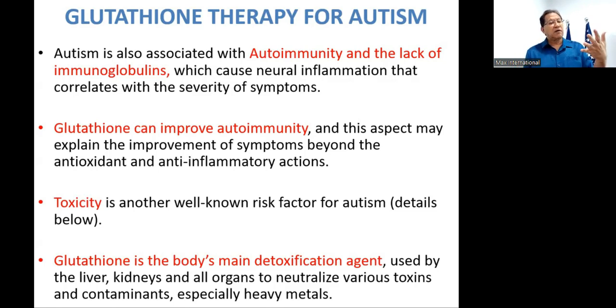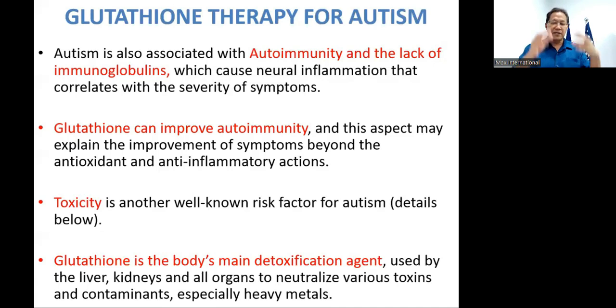So you can see, in fact, all the 5 major functions of glutathione are applicable in autism. Antioxidant, fighting free radicals and oxidative stress, fighting inflammation, improving immunity and fighting autoimmunity, detox. Okay, and I've added the 5th, signaling molecules.